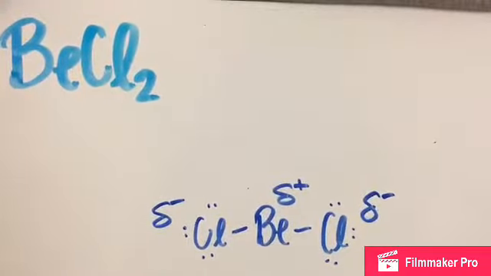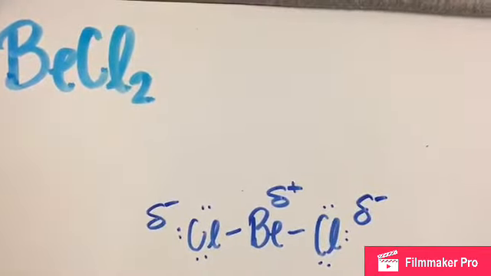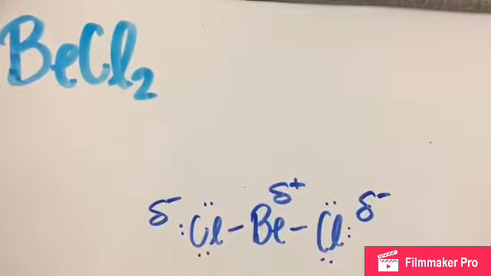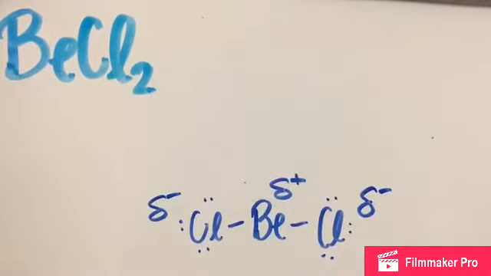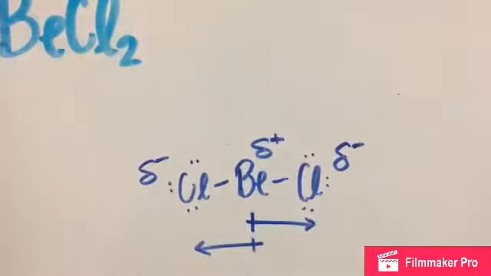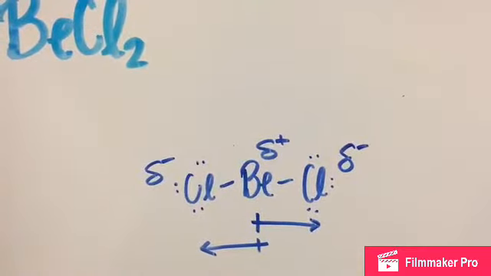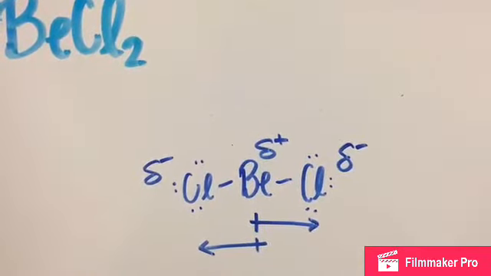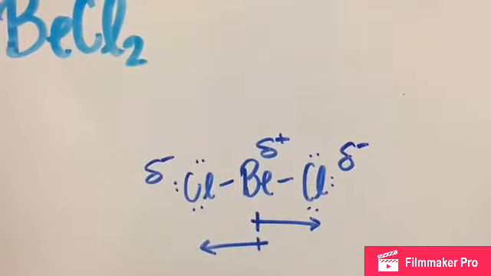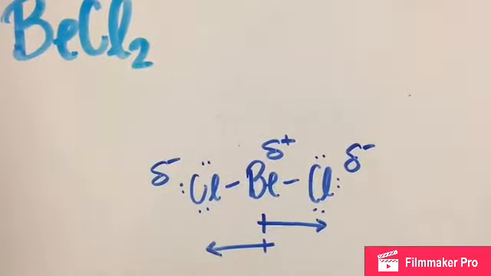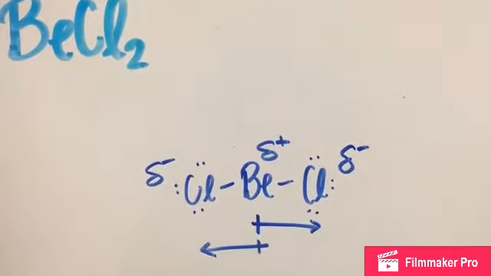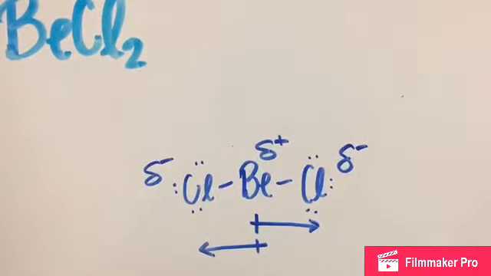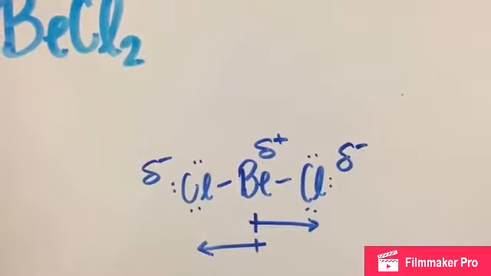And this will create a partial positive charge on the beryllium atom. Now let's take a look at the bond dipoles. We see that the bond dipoles have a positive tail next to the beryllium atom, which is slightly positive, and it extends out towards the chlorine atom in different directions.